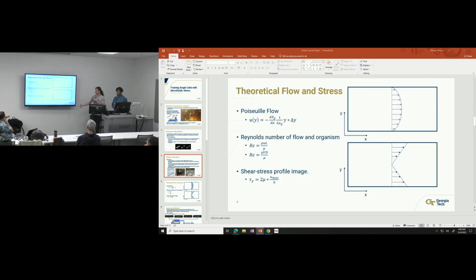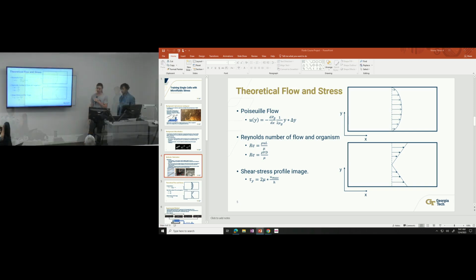We're going to go through this really quick. We believe that there's a Poiseuille flow going through these devices. We targeted flow between 2 plates, but Cedric's going to talk about that.